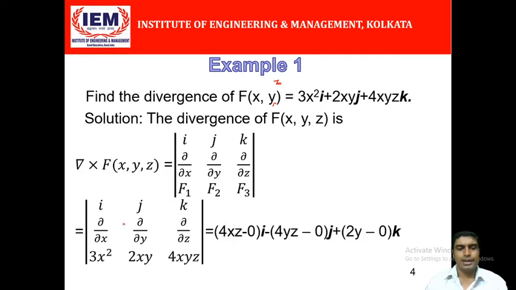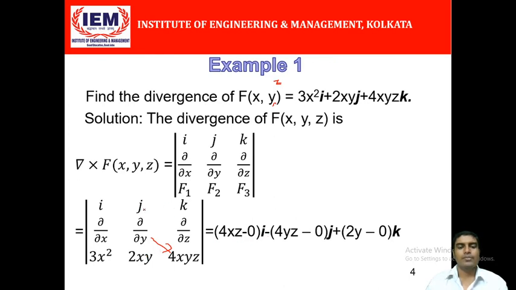After that, if I expand with respect to the first row, it will be the partial derivative of this one with respect to y, which is 4xz, and with respect to z, that is 0, for i.